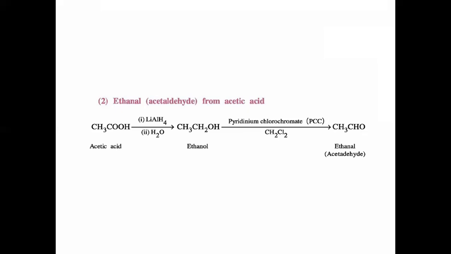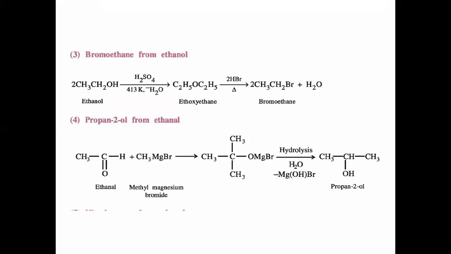So this is ethanal, or we can say aldehyde. Now bromoethane from ethanol means what? CH3CH2OH. From this we are getting bromoethane. How will we get it in the presence of H2SO4? First we have to take ethoxyethane, that is C2H5OC2H5. With bromination, we get bromoethane, and water is removed.